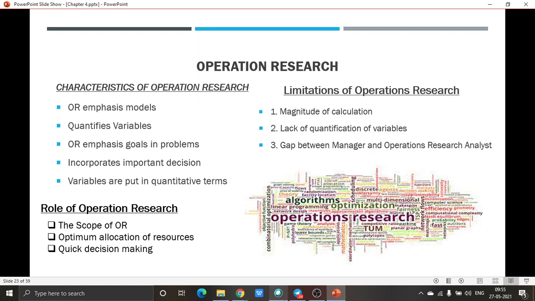If we observe the history of world business, the complexity of business decisions increased especially after the Second World War, because after that there was a huge increase in the size of organizations and increasing complexity of the business environment.